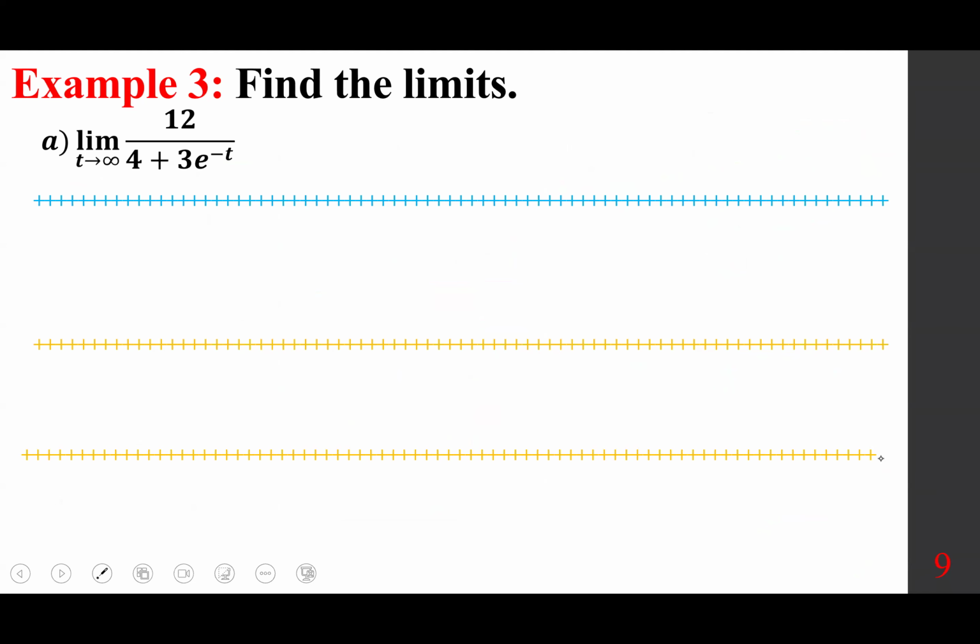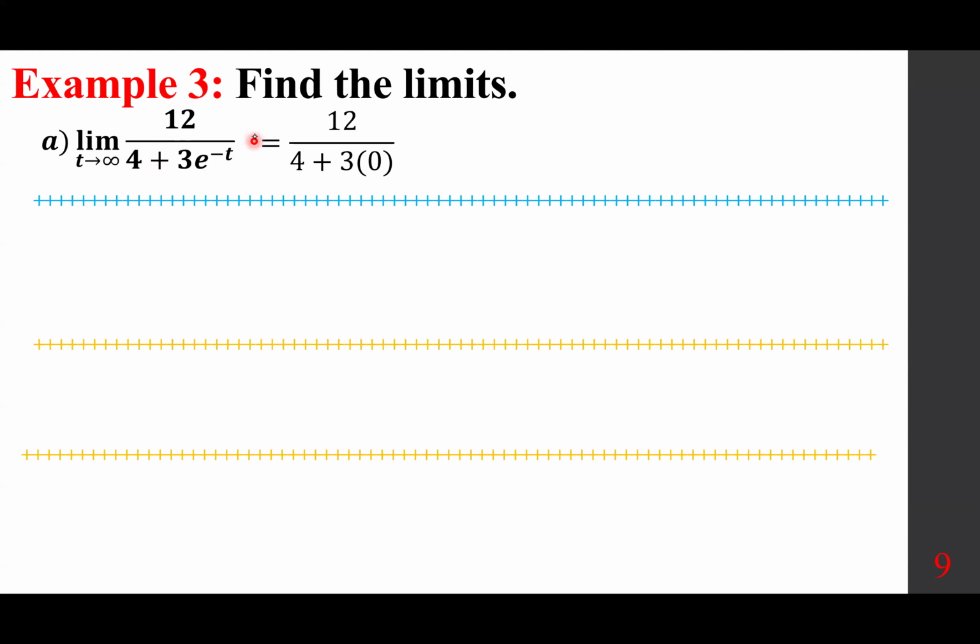All right. The limit of 12 over 4 plus 3 e to the power of minus t as t approaches infinity. Just plug in. You get 12 over 4 plus 3 e to the power of minus infinity. And so that becomes 0.